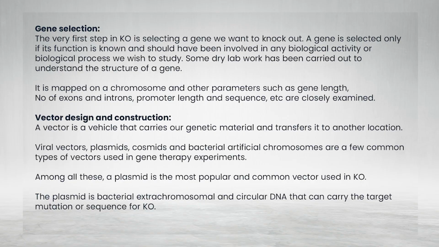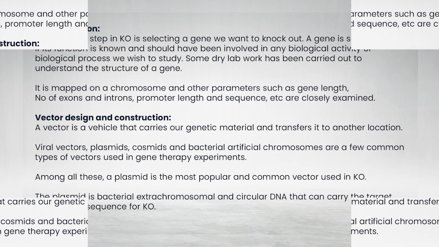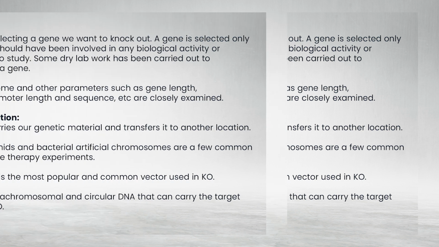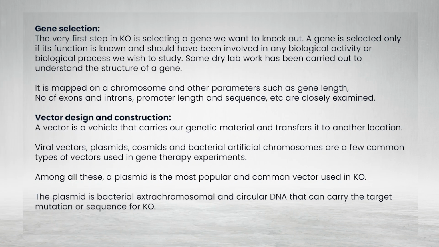Moving to the second step, that is vector design and its construction. We all know what a vector is, right? A vector is nothing but a vehicle that carries our genetic material and transfers it to another location. Viral vectors, plasmids, cosmids and bacterial artificial chromosomes are some of the common types of vectors which are used in gene therapy experiments.